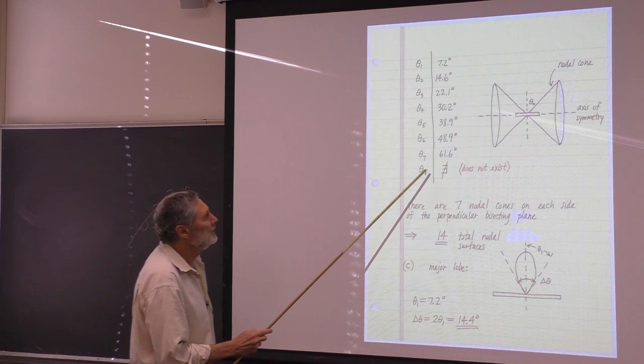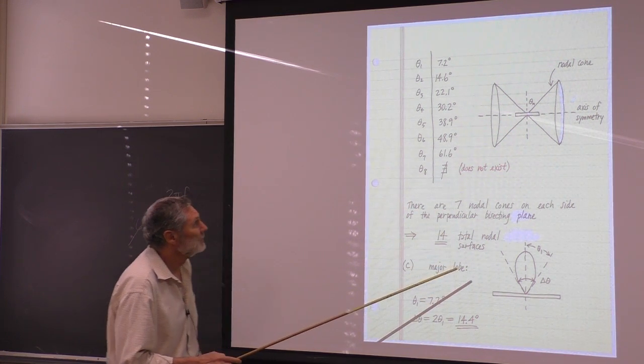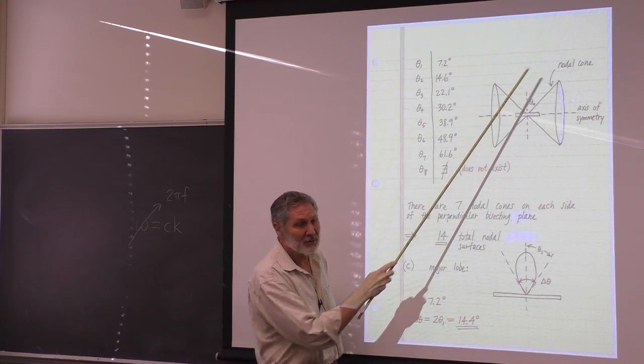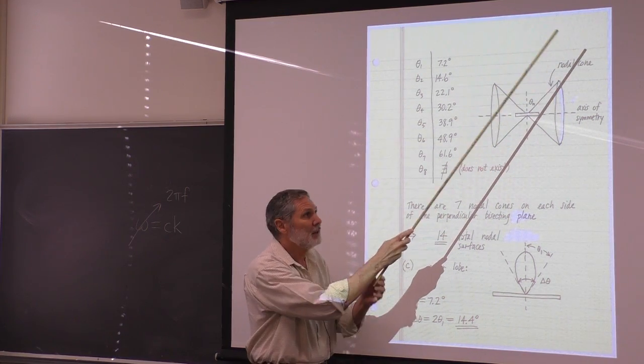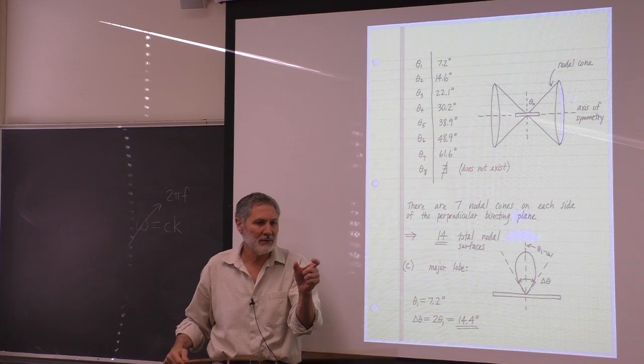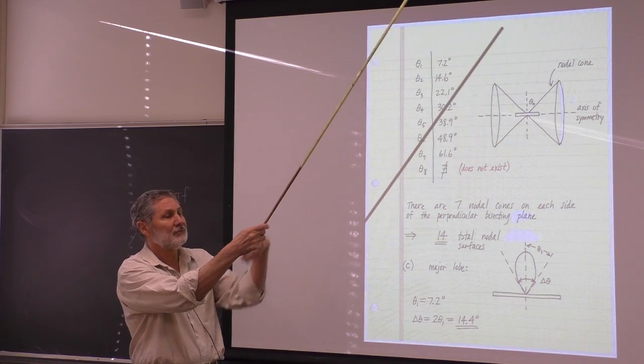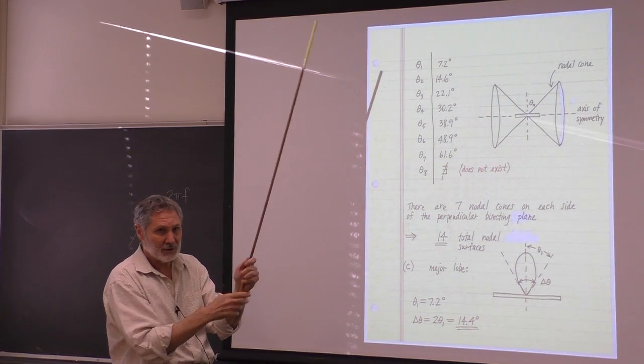Okay. So anyway, I want to make sure everyone sees this. Here's the source. We're in the far field, some far distance relative to the size of the source.